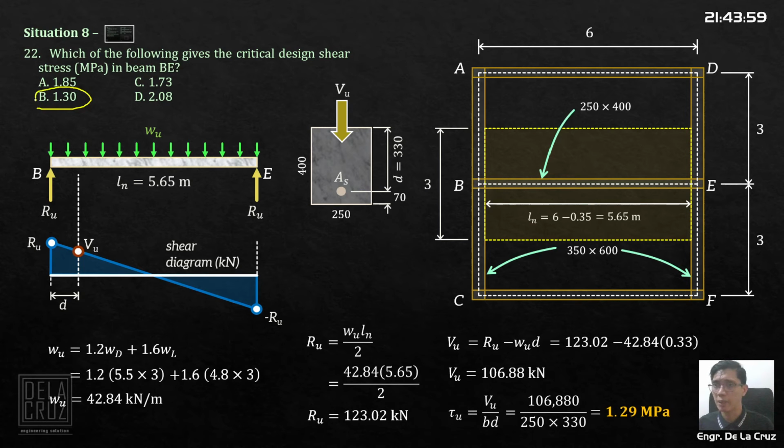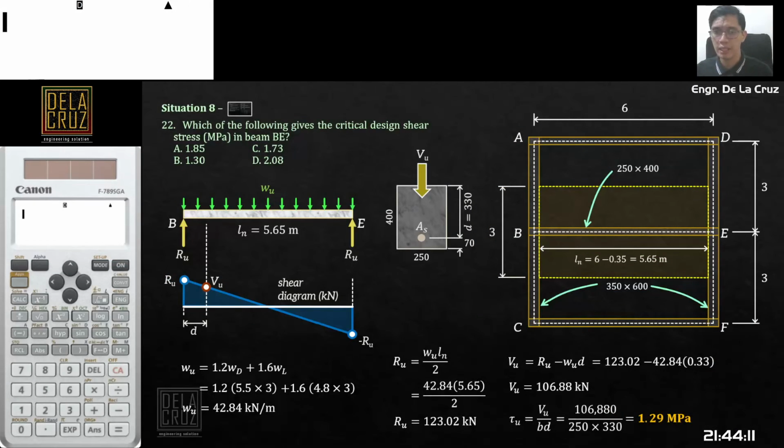Now, again, napaka-critical ng mga choices niya. Kasi kung i-divide natin yan ng phi, for example, nagkamali ka, kita natin sa calculator. Alright. Pag dinivide natin ng phi yung 1.29, take note, reduction factor for shear, and that is also given, is 0.75. May lalabas sa choices dyan. That's 1.72. 1.73.